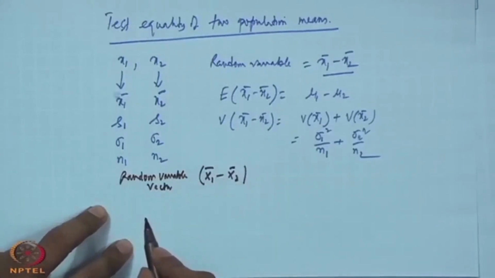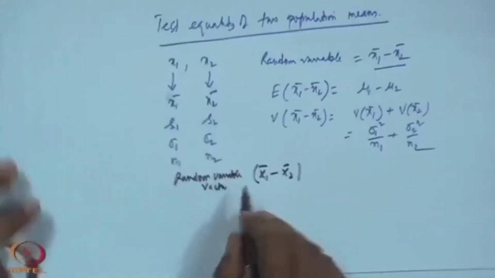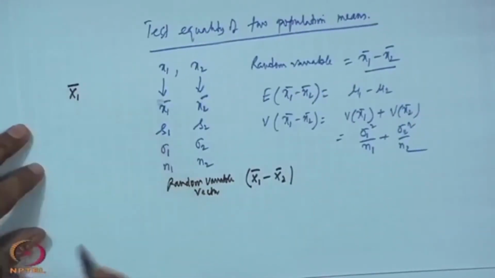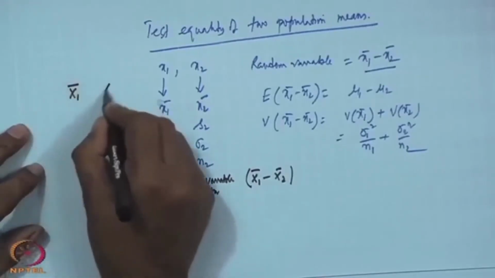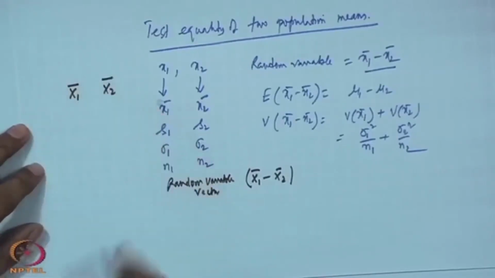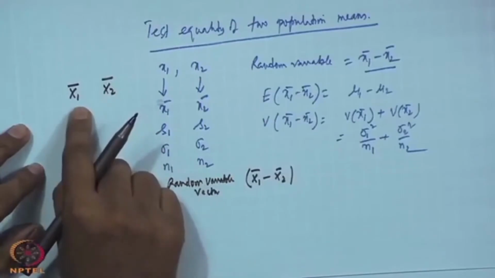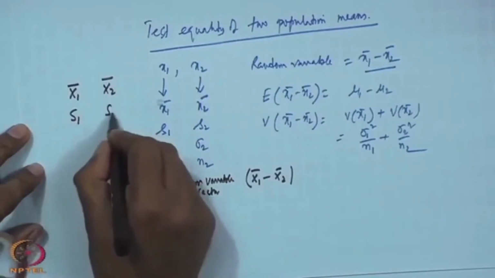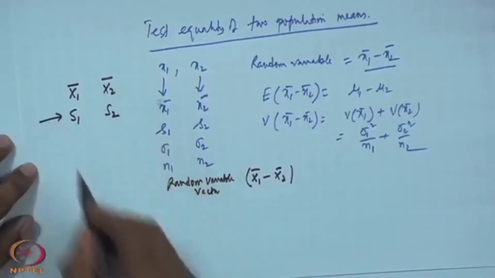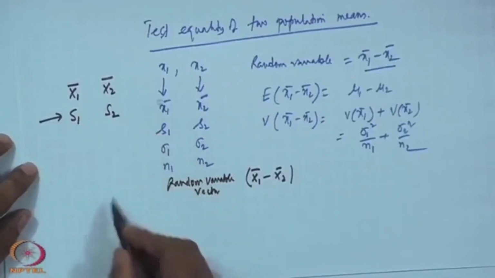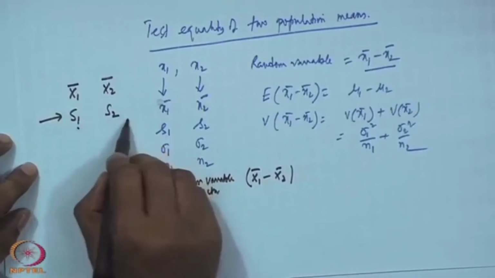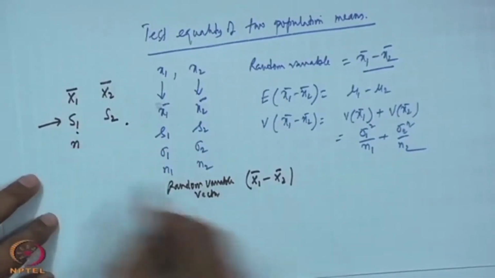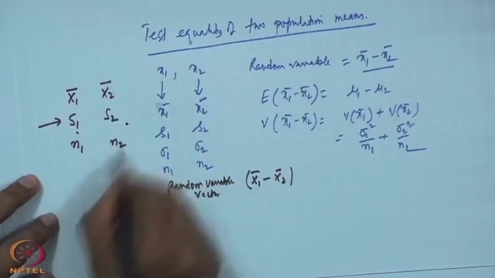Your x1 bar is from the first population, x2 bar from the second population, again these are all p variable case. Then you have computed S1, you have computed S2. These are the covariance matrix for population 1 and covariance matrix for population 2, and the sample sizes are n1 and n2.